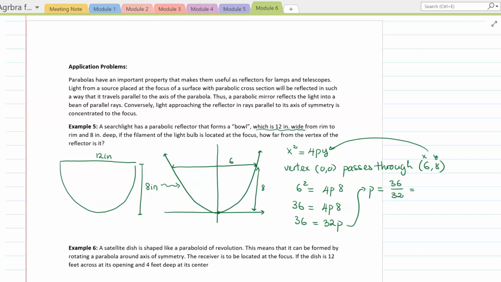Simplify this by 4, so this is 9 over 8. If the filament of the light bulb is located at the focus, this is where the focus is. How far from the vertex of the reflector? We are looking for p, right? So this is the distance that we're looking for, and so p is equal to 9 over 8.